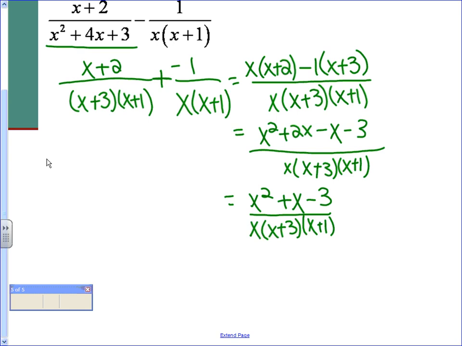Does everyone have it written down? You get that for your common denominator.